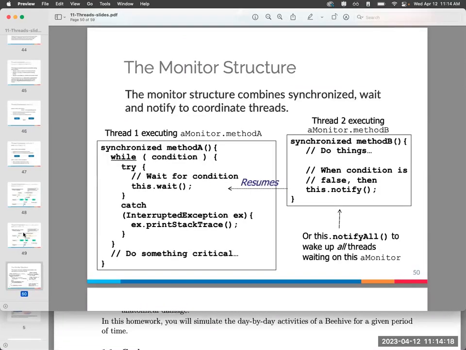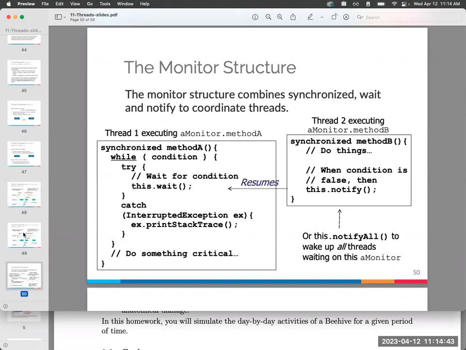This is what we call the monitor design pattern. The monitor design pattern should not be confused with the monitor as the lock. If you check the Java tutorials and the Java specification, you would see the term monitor referring not to that idea, but to the lock itself.